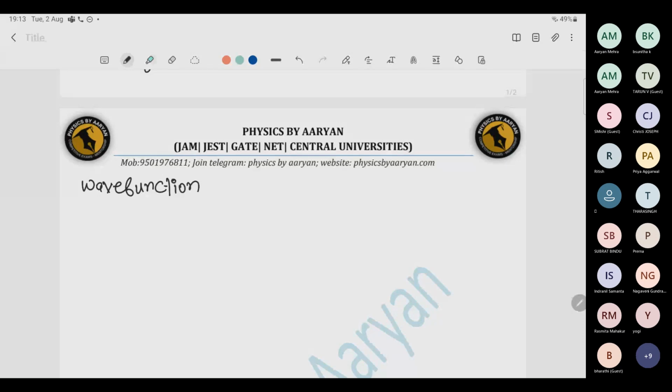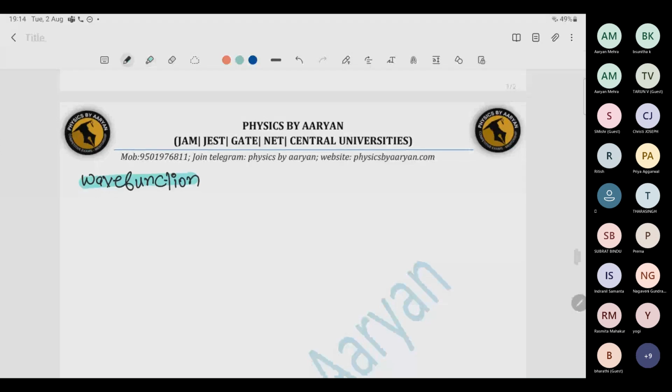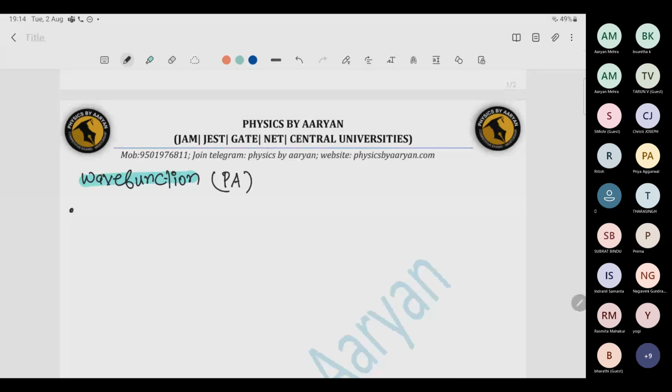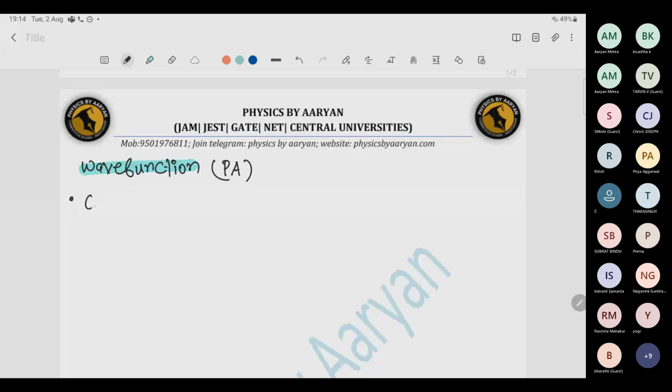It's a very important description, and it is very important that you have that clarity in mind. So wave function or probability amplitude, let's say PA, you need to remember that PA means probability amplitude, is actually a complex function.